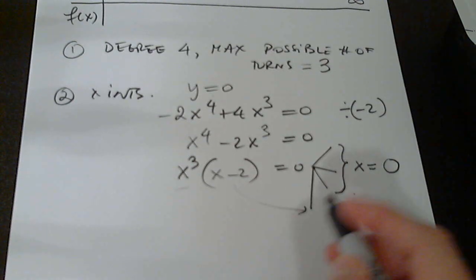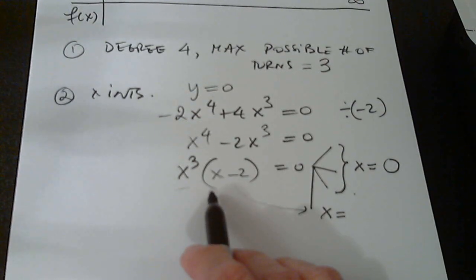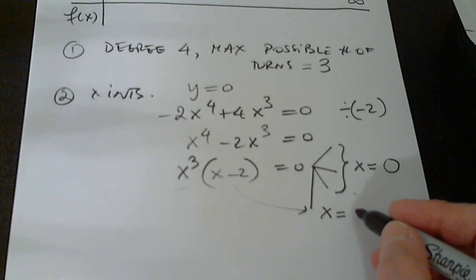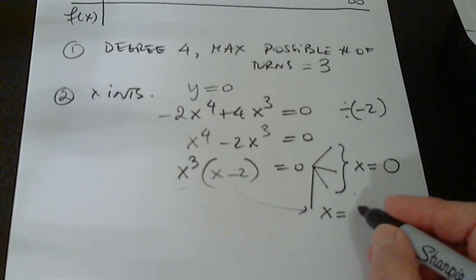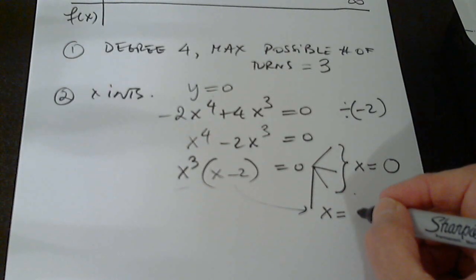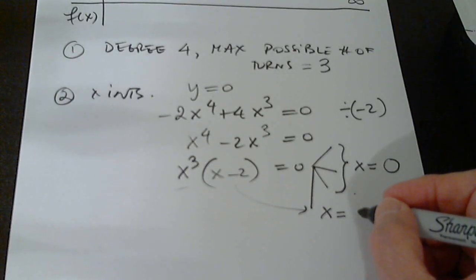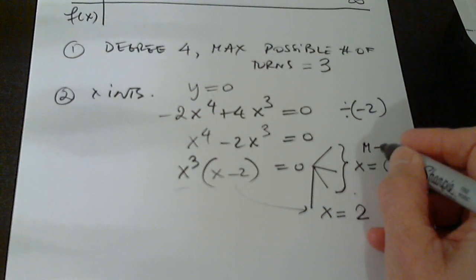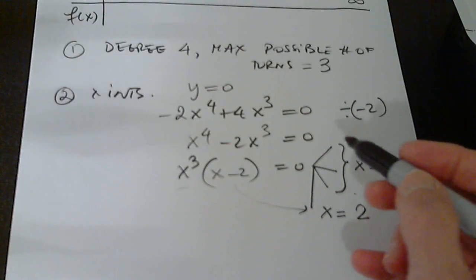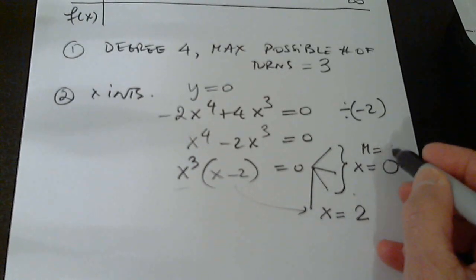And from here, there are 3 solutions, x equals 0. 3 solutions, x equals 0. And from here, x equals 2. Indeed. What is the multiplicity for 0? 3. Indeed.